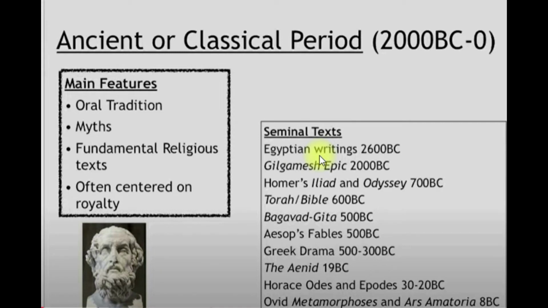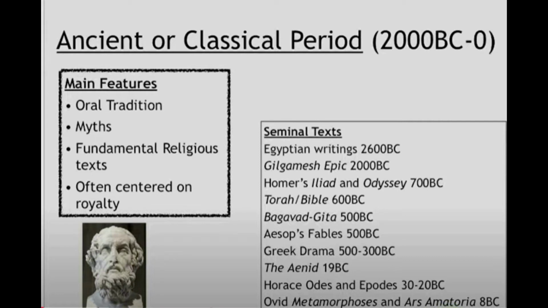It is called papyrus writing and is maybe not what we could call literary, but more historical and documentary. And the next one is the Gilgamesh epic. It's from about 2000 before Christ, set in what is today Iran, dealing with the adventures of King Gilgamesh.